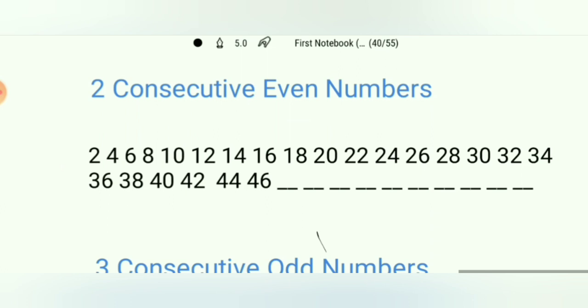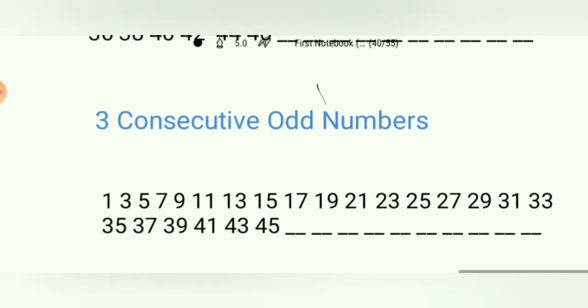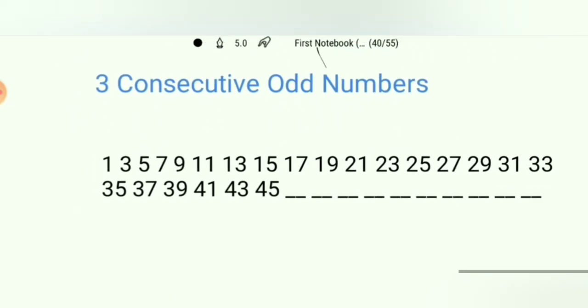Even numbers are numbers that come in table 2. 2, 4, 6, 8. These are consecutive even numbers. Next, consecutive odd numbers. Odd numbers are numbers not coming in table 2 and not divisible by 2. See, 1, 3, 5, 7, 11, 13. These are consecutive odd numbers. See on your screen.